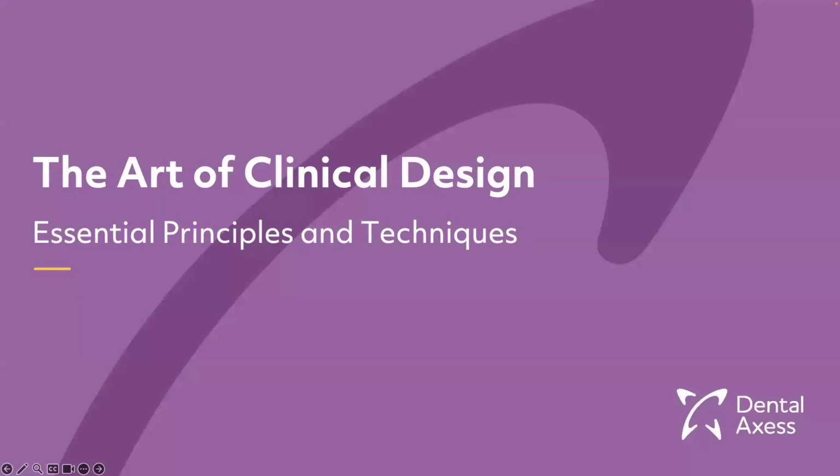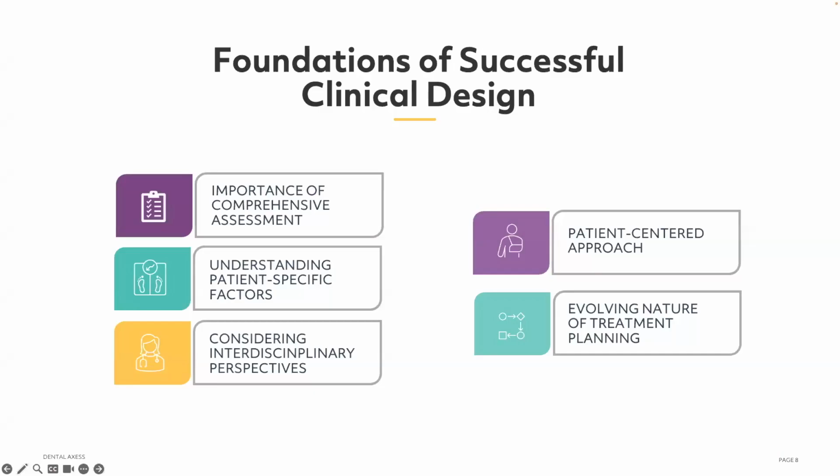First, we are going to take a look at the art of clinical design. We are going to review some techniques and touch on biomechanics, the basic knowledge that we need to understand first to have good outcomes and good results. To start, we need to understand the foundation of a successful clinical design.